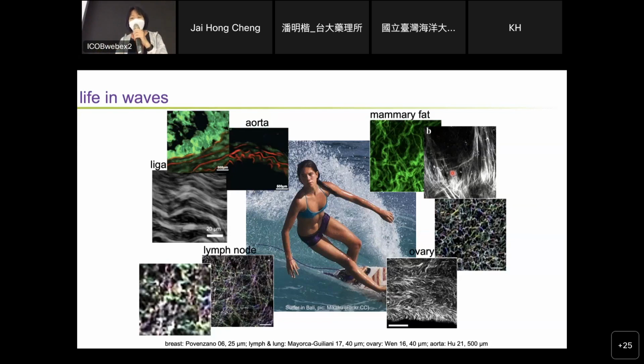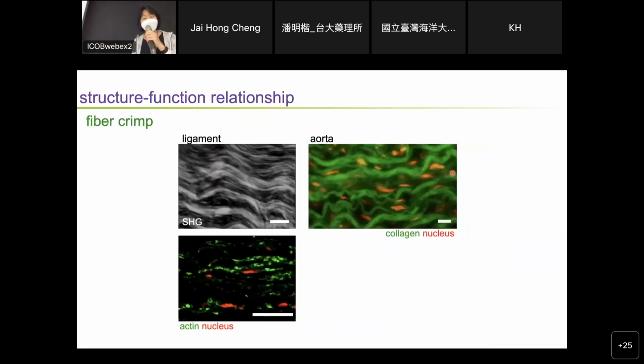So why do we have these wavy structures in our body? Mostly in the connective tissues, which are mechanically oriented, with a lot of mechanical function. The two tissues that my lab focuses on are ligaments and tendons, which are very similar, and arteries, or in this case, aorta. Again, the wavy structure in ligament is collagen, and the wavy structure in aorta is made mostly of collagen and elastin fibers.